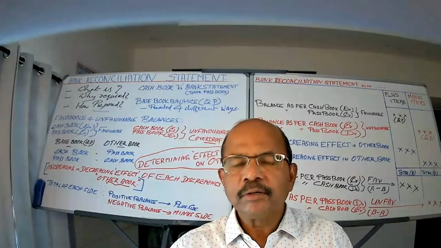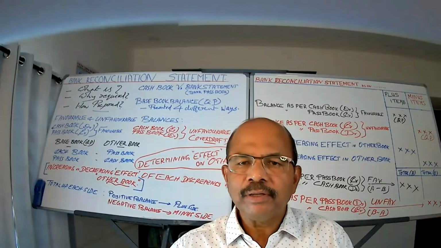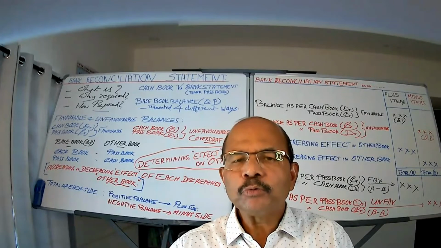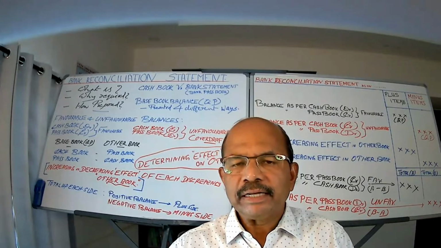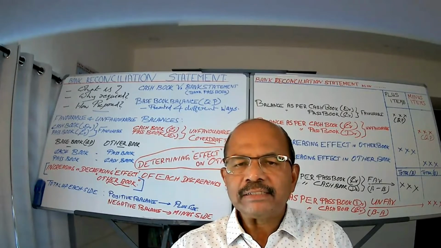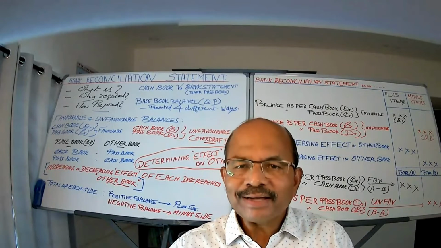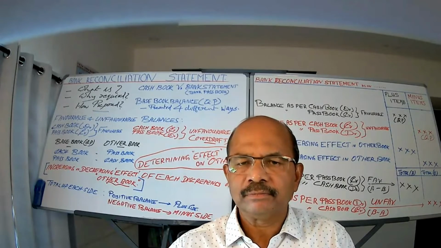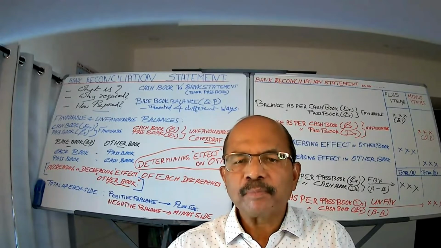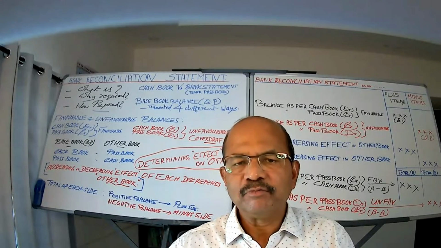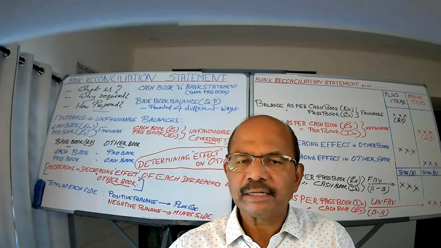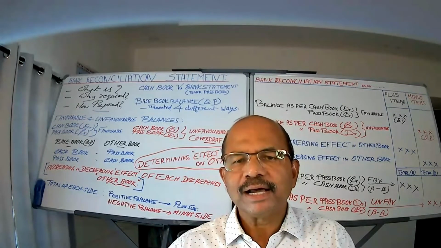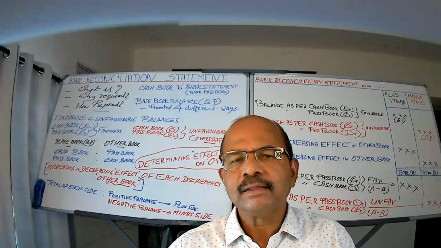Obviously, my other book will be the pass book only. Now, how do we determine the increasing or decreasing effect? Consider that a favorable balance of 1 lakh each was there before this discrepancy in the cash book as well as the pass book, that is, the base book as well as the other book.